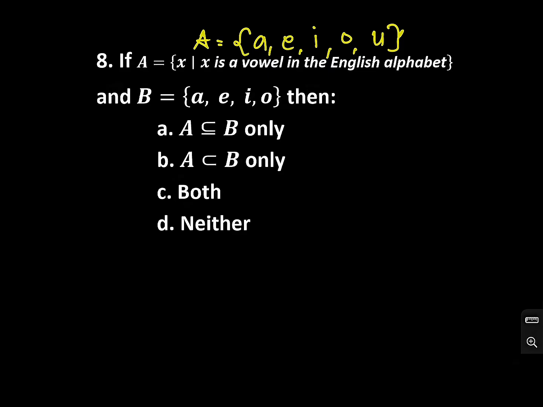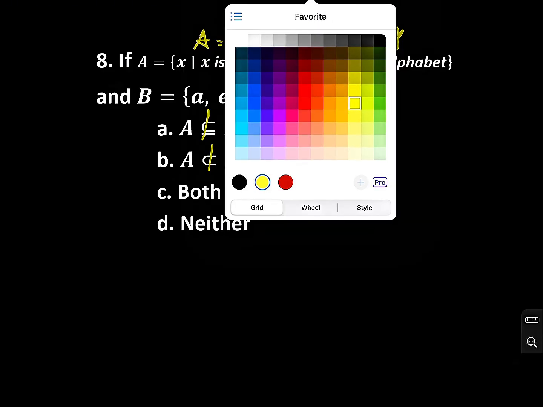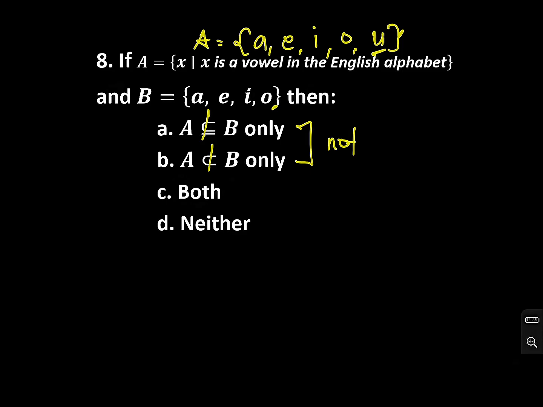Let's go through letter A. A is a subset of B only, which is false because A is not a subset of B. And letter B, A is a proper subset of B only, which is also false because A is not a proper subset of B, because A contains 5 elements. It should be B is a subset of A.